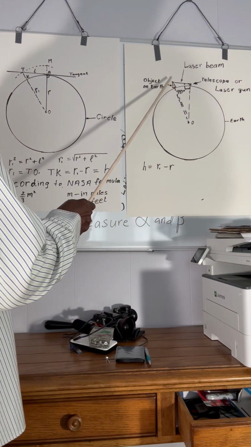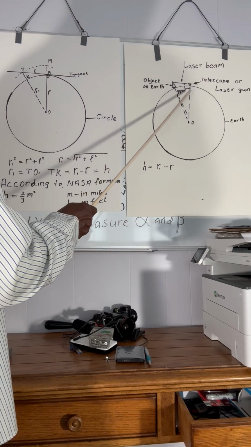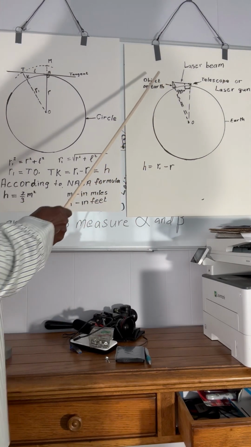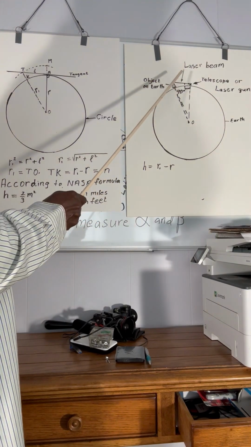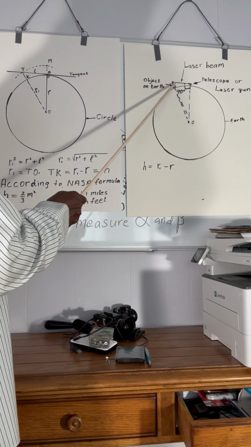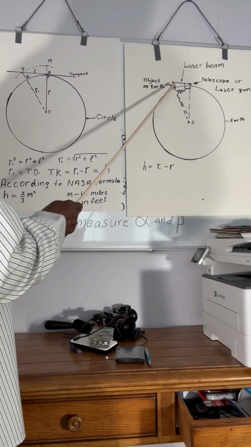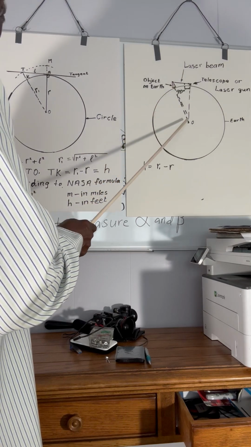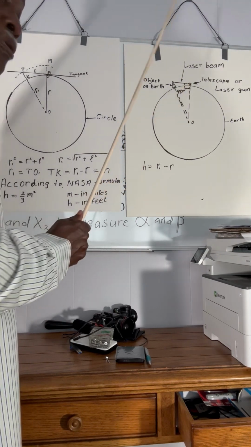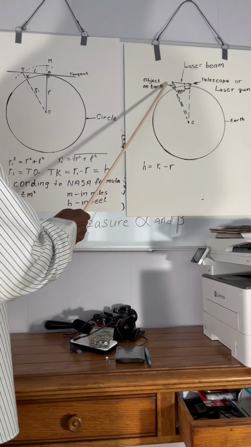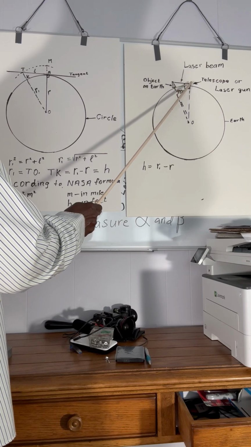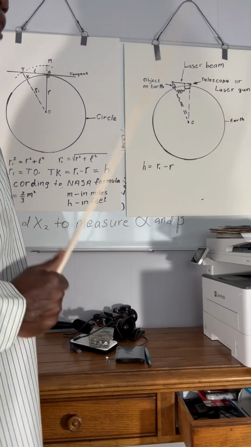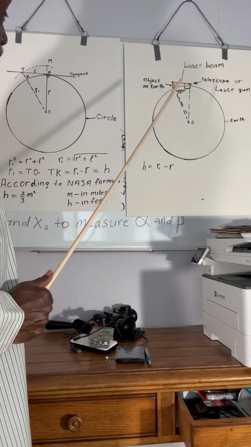So therefore, if we observe an object far away, 10 miles, that object's elevation must be higher than the elevation of the common point, or the telescope in this case.